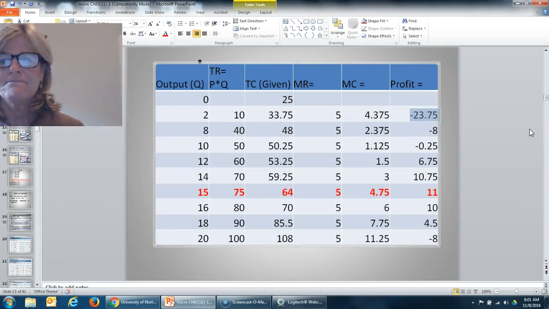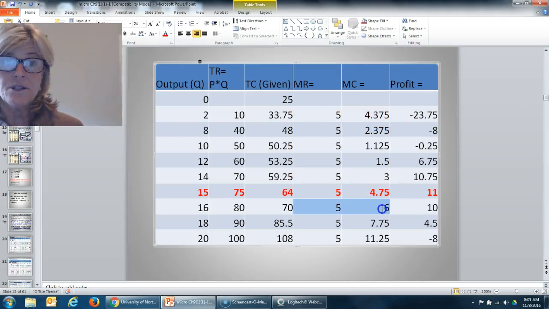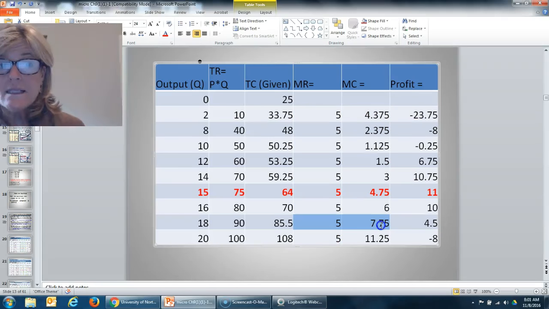All right, so let's use the rule for Q star. How do we get Q star? Q star is where marginal revenue is greater than or equal to marginal cost. Marginal revenue is greater than or equal to marginal cost in all of these output levels. Here, look, marginal revenue is less than marginal cost.